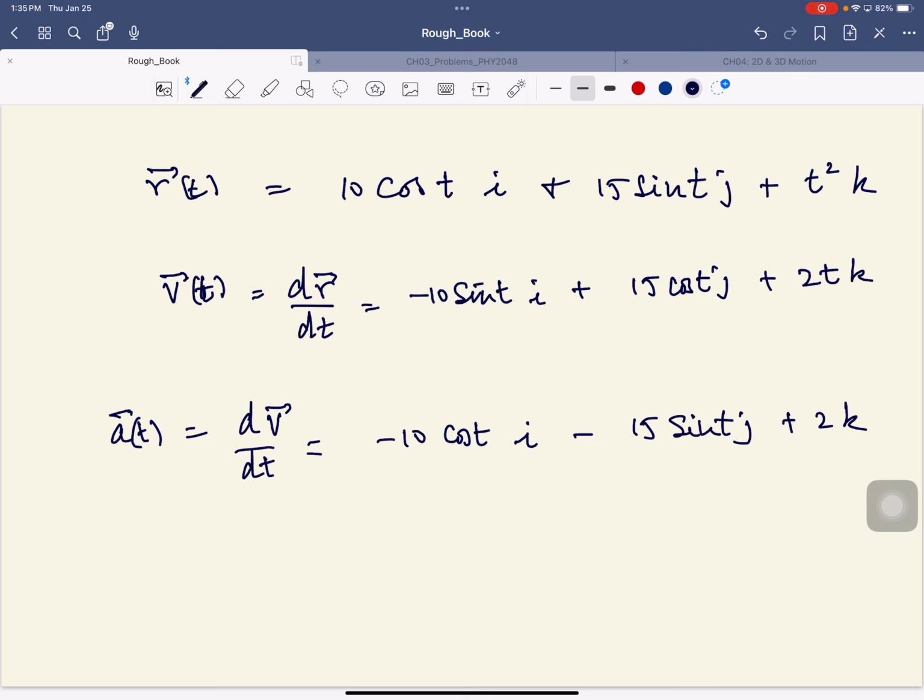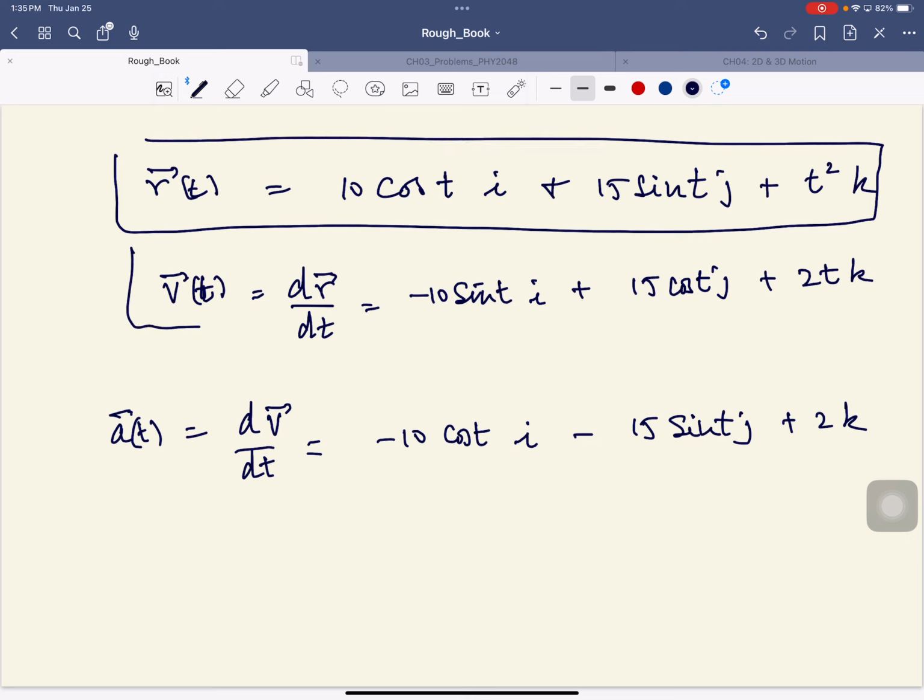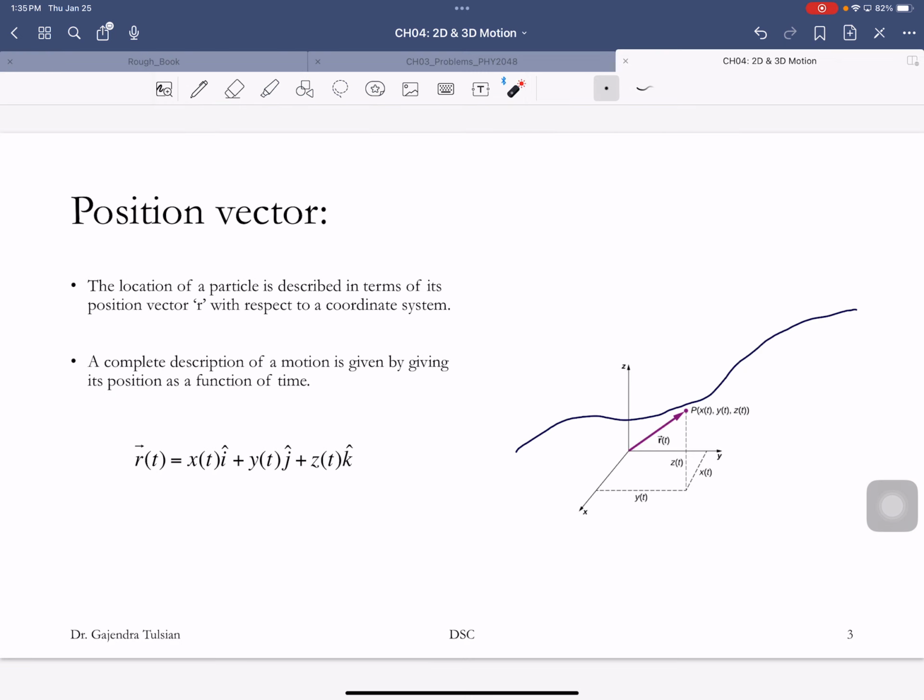So again, given this description of motion, you're able to calculate velocity and acceleration. And again, if somebody asks you to describe this motion, what they're asking you is to give these three functions, x, y, and z.